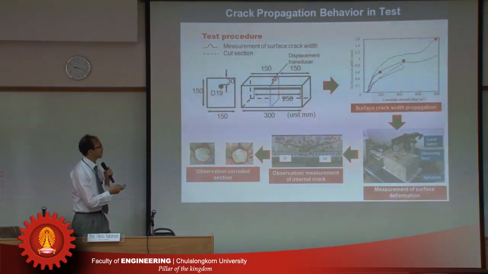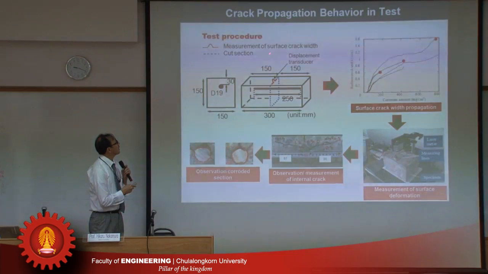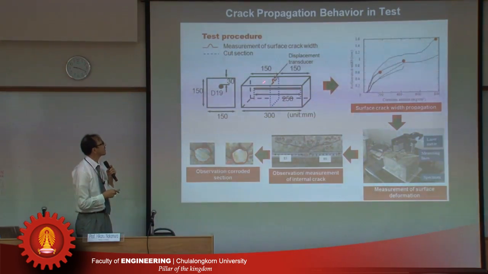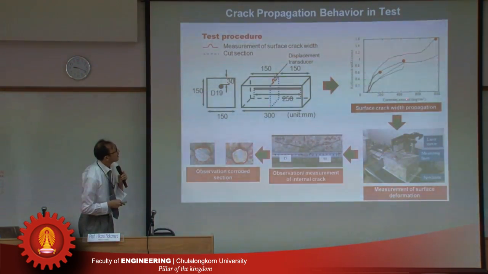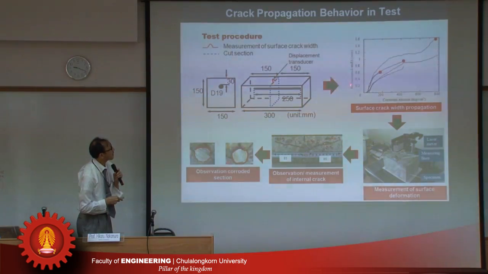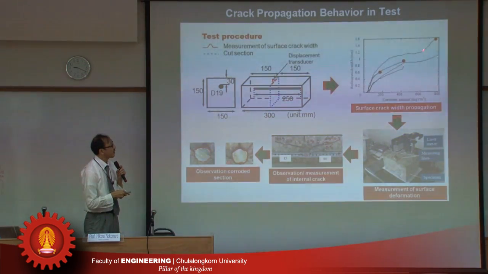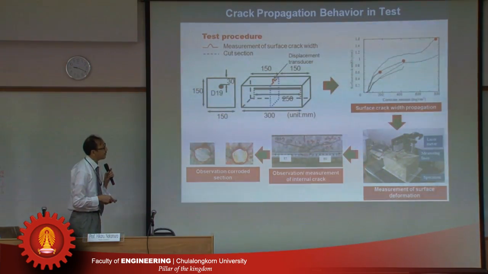So these are the test procedures. Surface crack width is measured by a displacement transducer during the test. And corrosion amount and surface crack width are measured like this. So there are many lines. We tested many specimens, and we stopped at different damage levels, so the lines stop at different points.